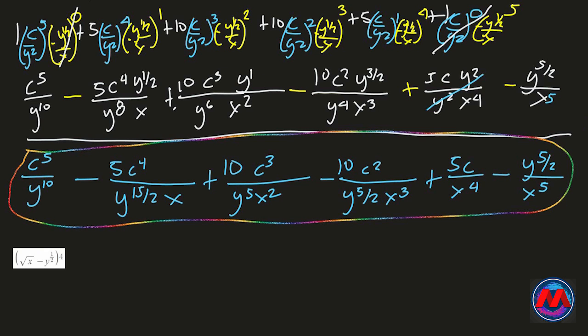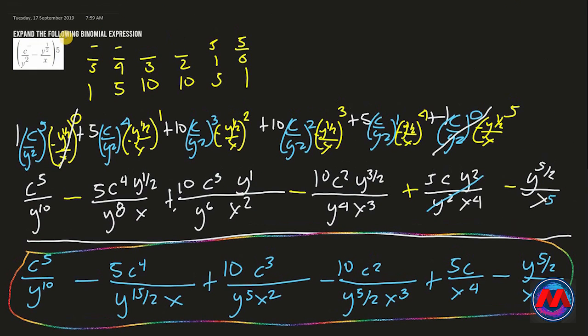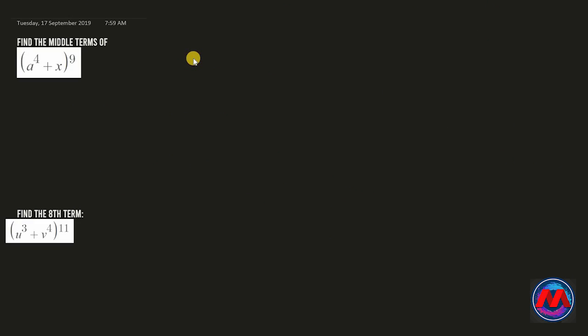So, expanding this, pag-expand natin itong binomial expression, ito po ang result niya. Okay. So, we are tasked here to find the middle terms of a raised to 4 plus x raised to the power of 9. Ngayon, kailangan mo nating ma-identify ano ba yung middle term na sinasabi ng problem na to.